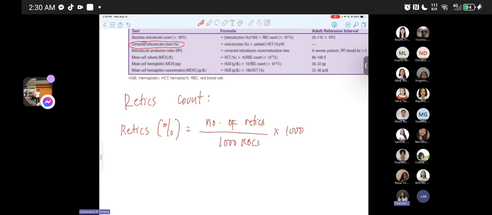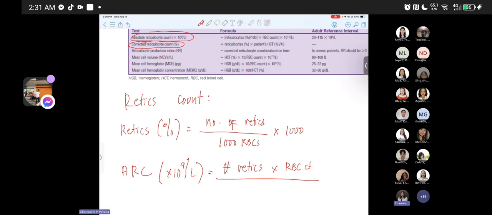Pag absolute reticulocyte count, times 10 to the 9 per liters ang unit nito, number of retics times RBC count, divided by 1,000.